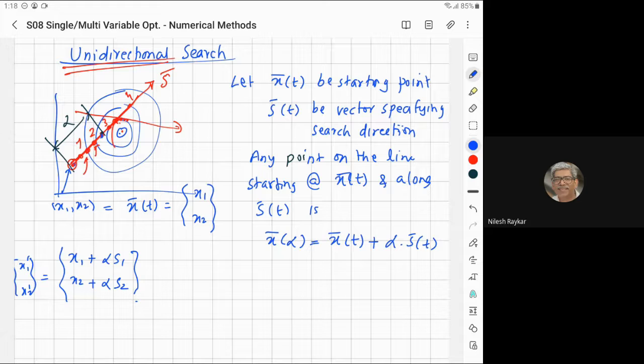If alpha is negative, then you will go in the opposite direction. If you are moving along the vector direction, then alpha will be positive, an increment along the vector direction.